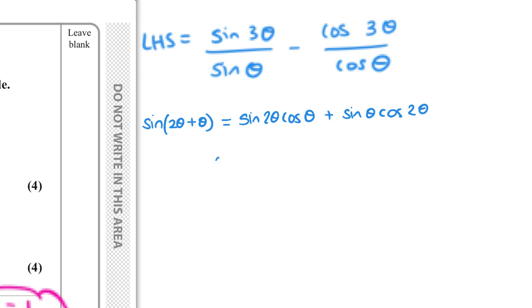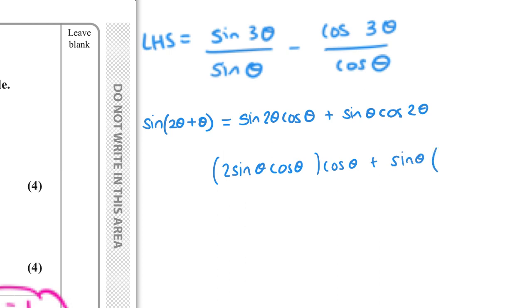Okay, again, what is sine of 2 theta? This is sine of theta plus theta, which simplifies to 2 sine theta cos theta, plus sine theta. Now, what is cos of 2 theta?